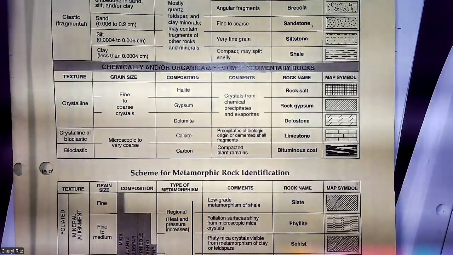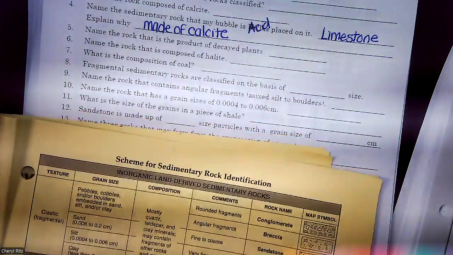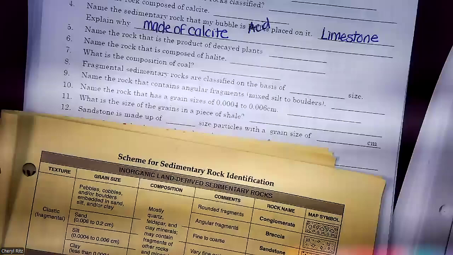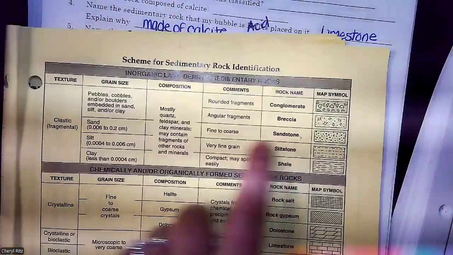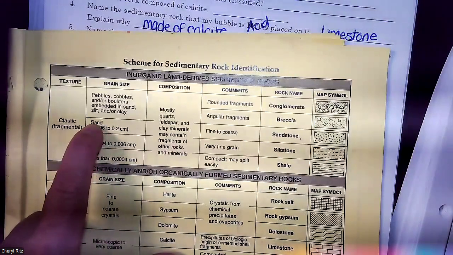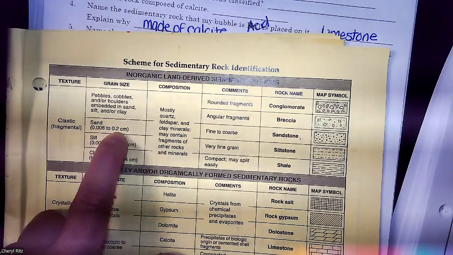Were there any others that just gave you a hard time? Couldn't find them on the reference table. So the rest of them, you're pretty sure the first part of 12. Sandstone is made up of blank size particles with a grain size of. So what I was going for there's sandstone. It's made of sand size particles that have a grain size of 0.006 to 0.2.